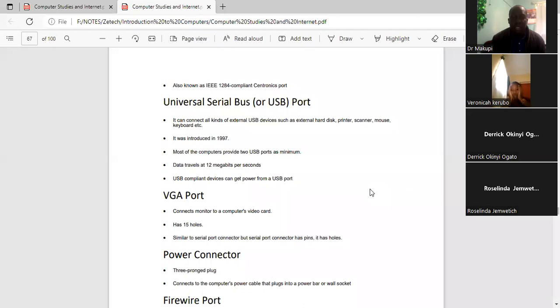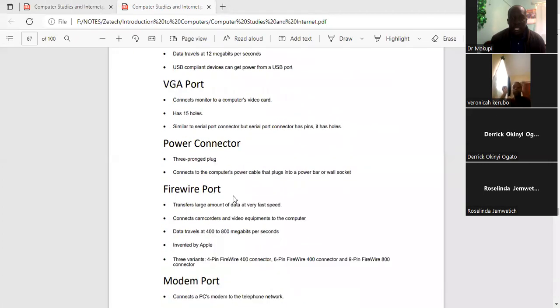So you can separate the VGA and serial port connectors in that VGA has holes, while serial has pins. It's very important. There is also the power connector, the one you use for sourcing electricity, a 3-prong plug, which is normally known as the power connector.